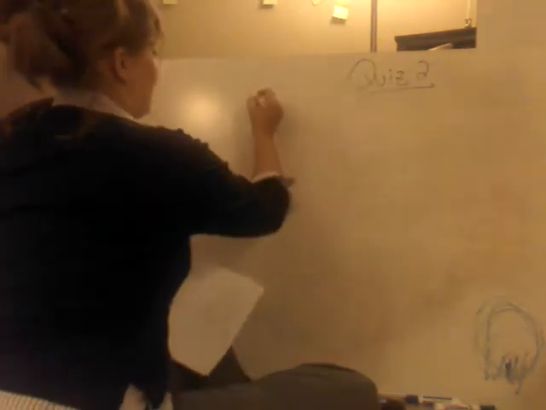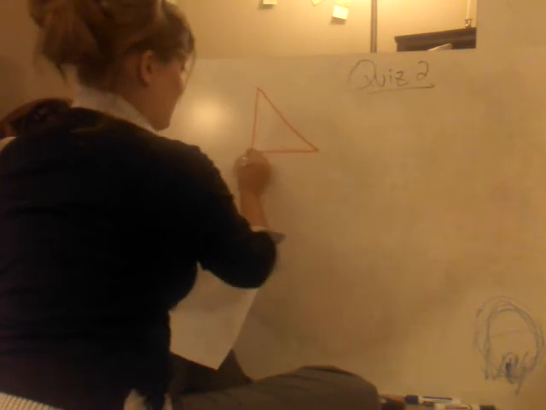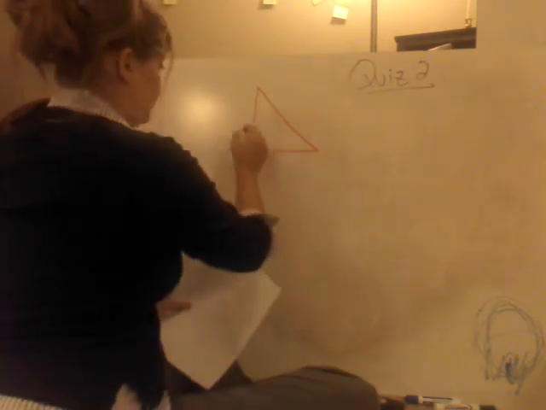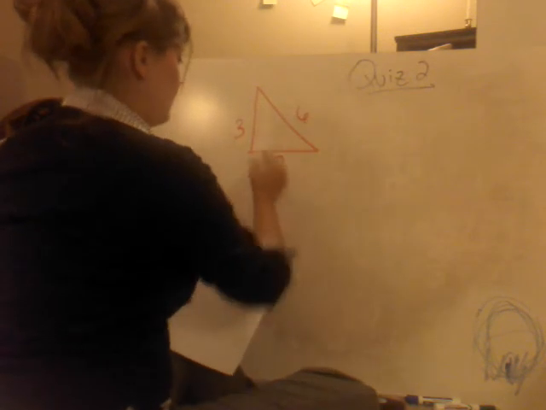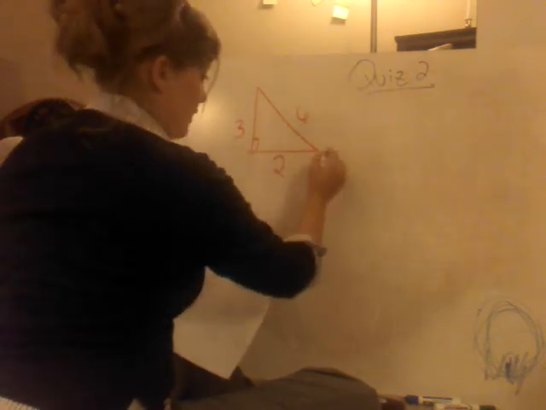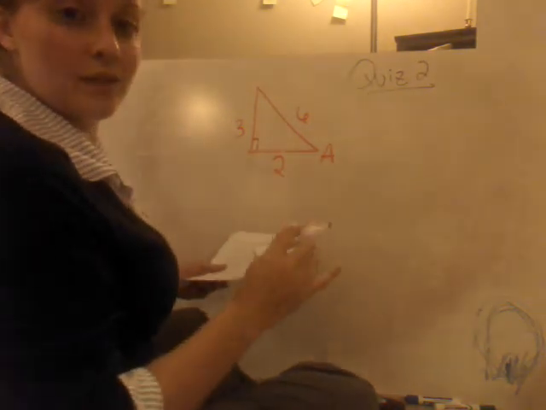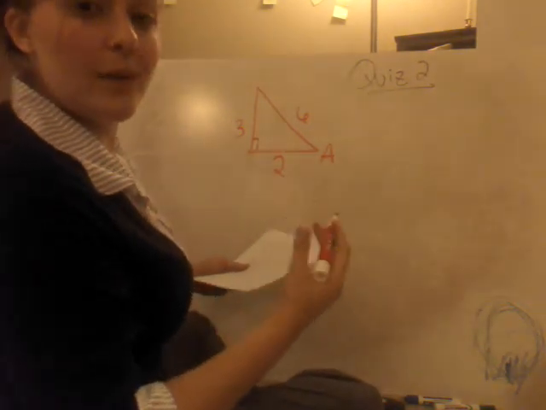One last thing and we're done with the quiz. I gave you a triangle. This was the bonus because this was like the last thing that we went over. I've got 3, 6, and 2. This is angle A. I don't label anything else because this was just a simple, like, see if you were kind of paying attention.